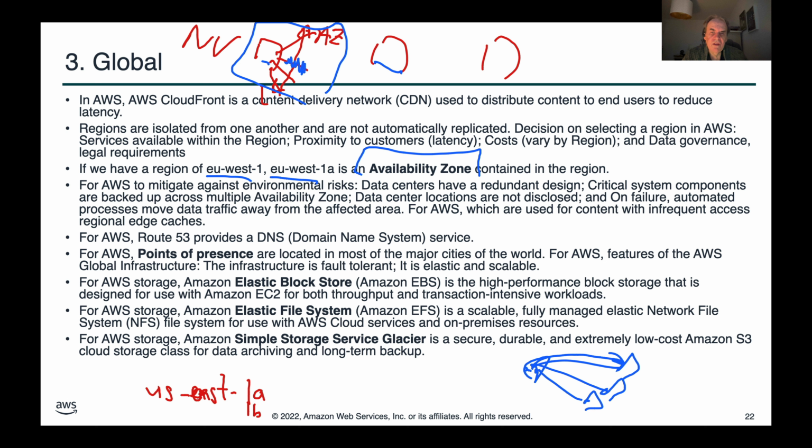These availability zones have data centers with redundancy in them. If any critical infrastructure fails, then we make sure that the data is synchronized across the availability zones in that region. The location of them aren't disclosed, and on failure, they should automatically move the traffic away from the affected area to another area.